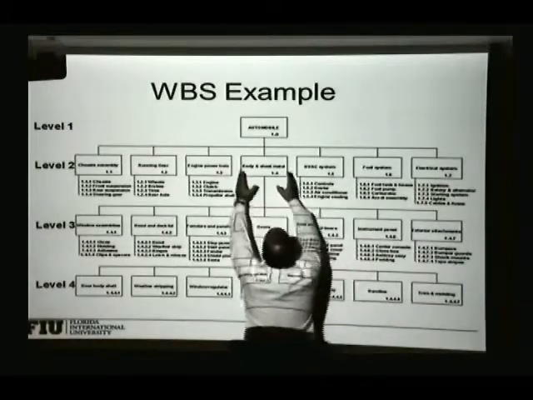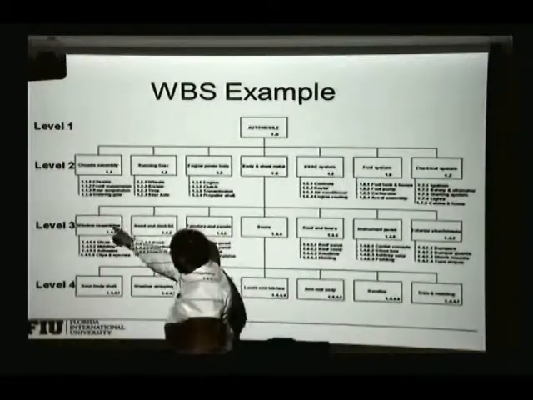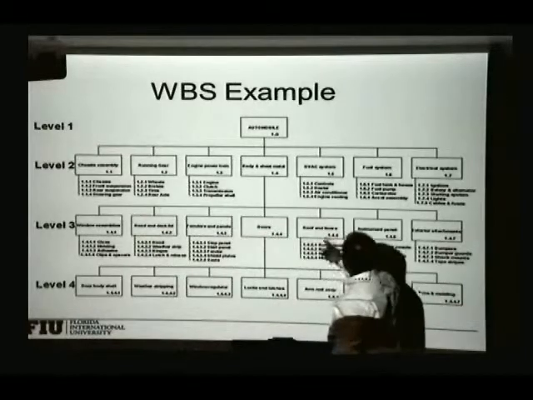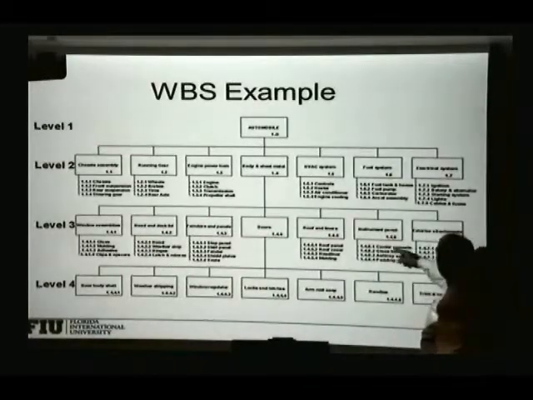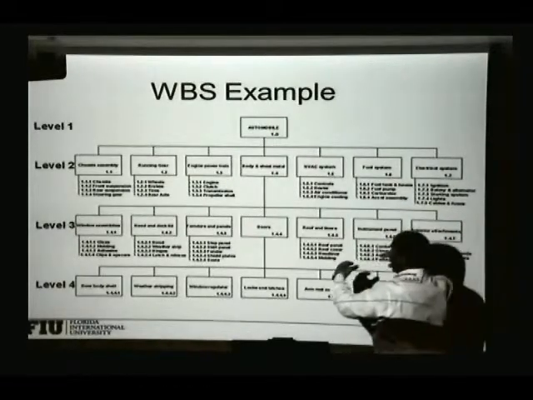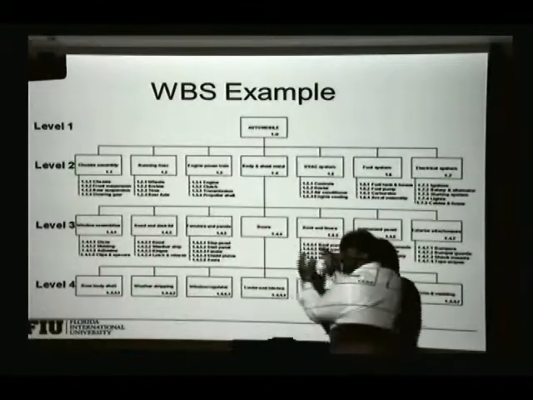For example, if we take the body and sheet metal part, we break that down and we will have the window assemblies, the hood and deck, fenders, doors, roof panel, exterior attachments. So we are breaking that down into more detailed sections, right?